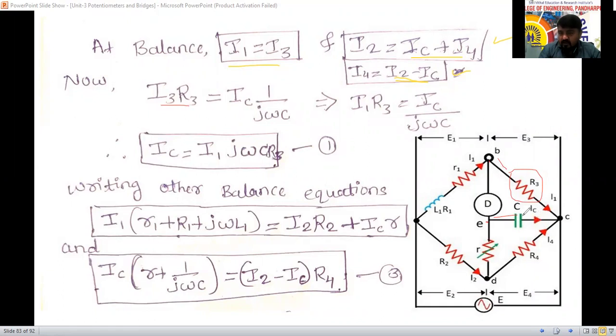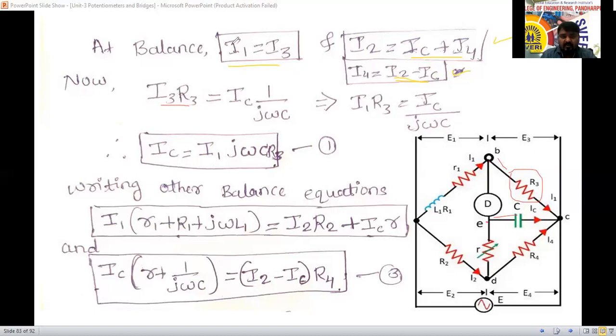So IC into XC, we can call that one capacitor. XC equal to 1 by j omega C. So IC into 1 by j omega C, we can write this one. This branch voltage drop across the capacitor. So I3 R3 equal to IC into 1 by j omega C we have written here.